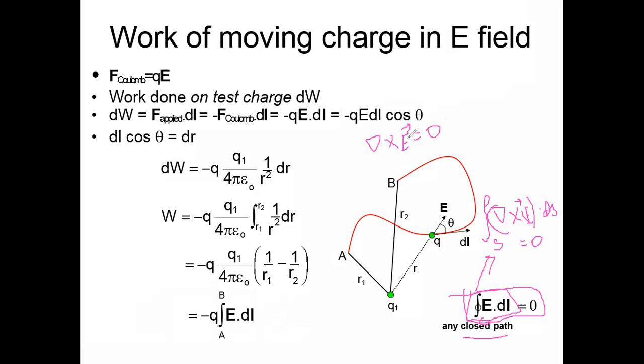So this is very, very important. Remember that the static electric field is irrotational in nature, and it is also conservative in nature, meaning the work done does not depend upon the path taken.